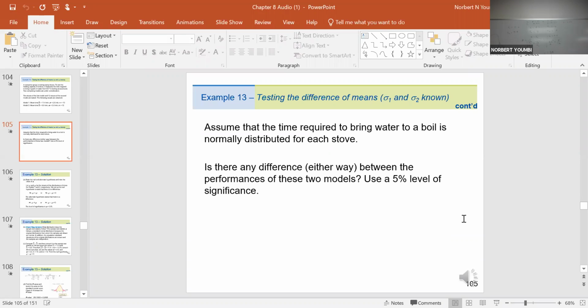Anybody else get 1.44? Does anyone else have something different? 1.279.